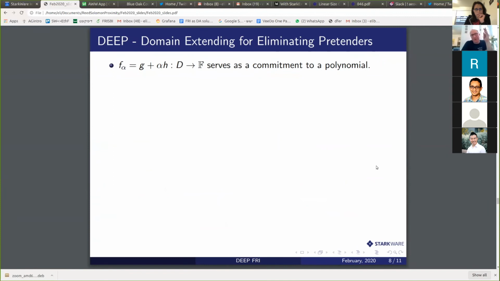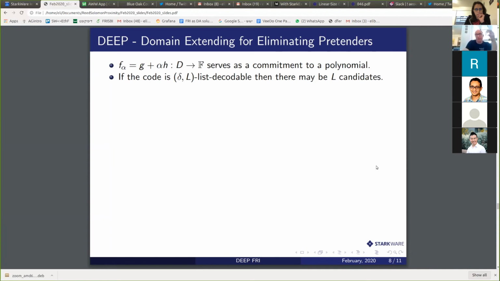So here's the problem we solve with the DEEP method, domain extending for eliminating pretenders. What if I try to pick G and H such that there are many possible polynomials that relate to them, or this f of alpha is like the centroid of a ball that has many Reed-Solomon code words in that ball.